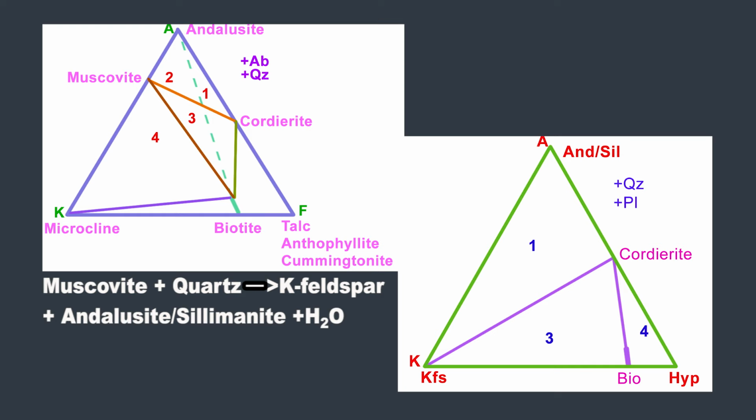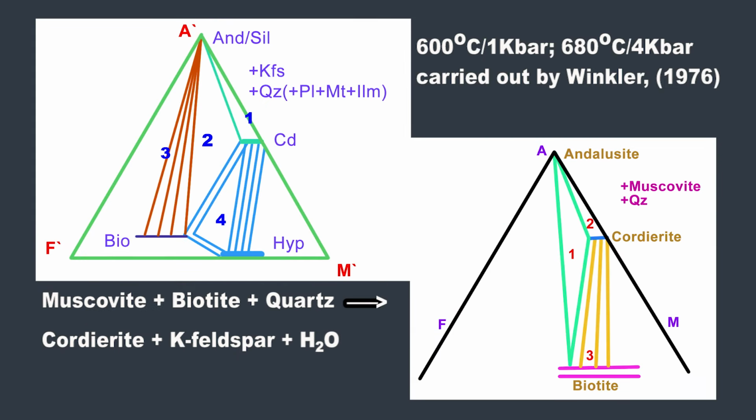The lower temperature limit is marked by the following reactions: muscovite plus quartz gives rise to potash feldspar plus andalusite/sillimanite plus water, and muscovite plus biotite plus quartz gives rise to cordierite plus potash feldspar plus water, at 600 degrees centigrade at 1 kilobar and 680 degrees centigrade at 4 kilobar, carried out by Winkler 1976.